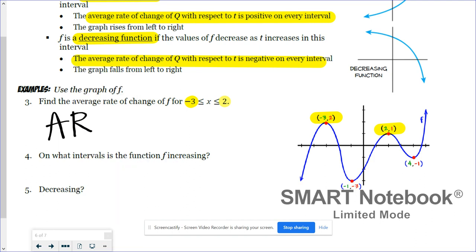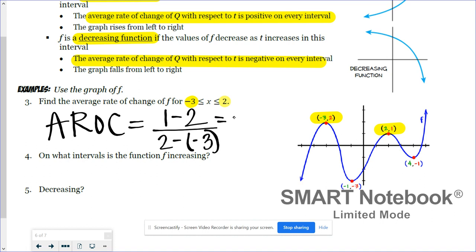Okay, and remember, I'm simply using what I know to be the slope formula to find average rate of change. So y2 is 1, y1 is 2. So (1 - 2) divided by (2 - (-3)). And that gives me -1/5.